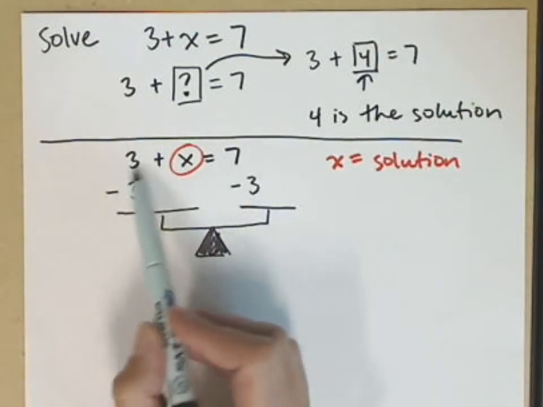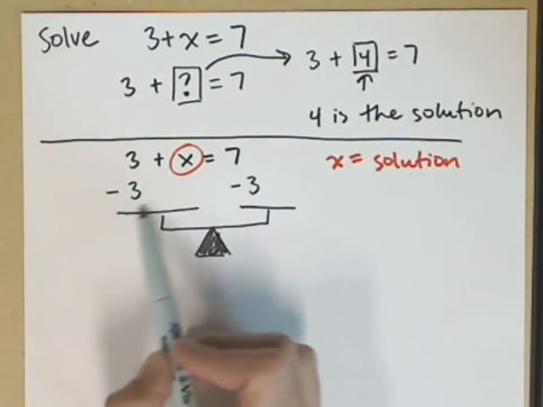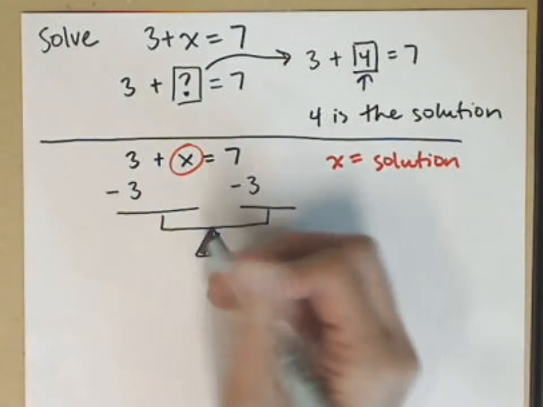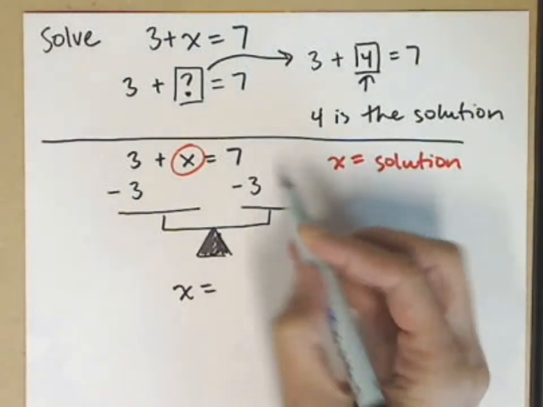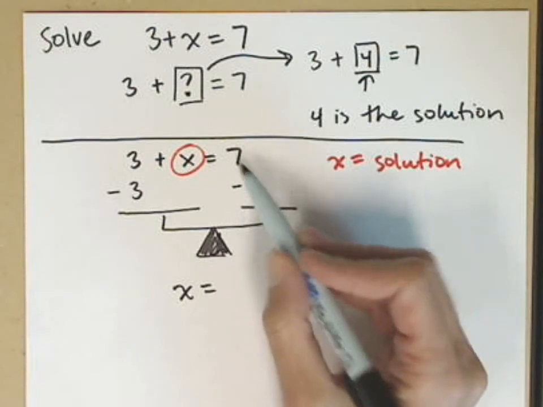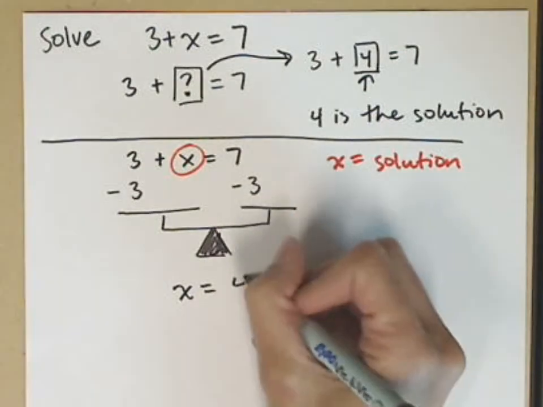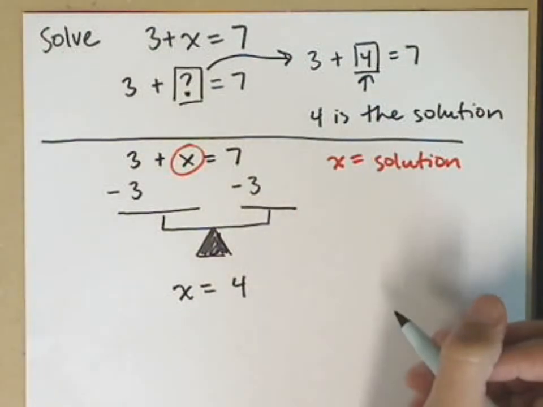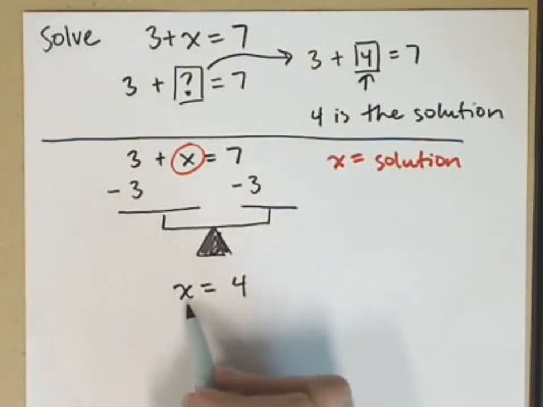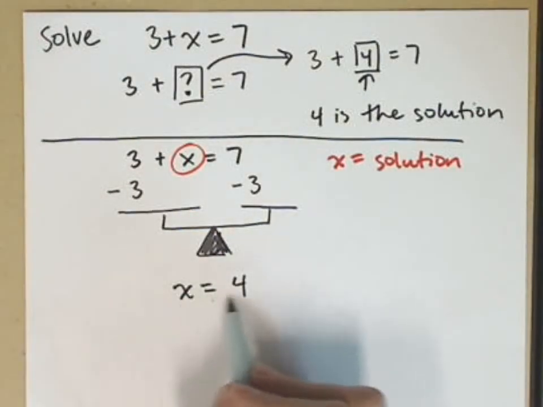Okay, so let's simplify. I've got the 3 plus, but I'm going to get rid of that by subtracting. I'm left with the x. On the other side, I have 7 minus 3. 7 minus 3 is 4, and I've got the x isolated, which means I can read this as x is 4.